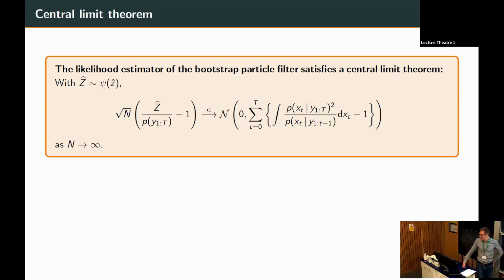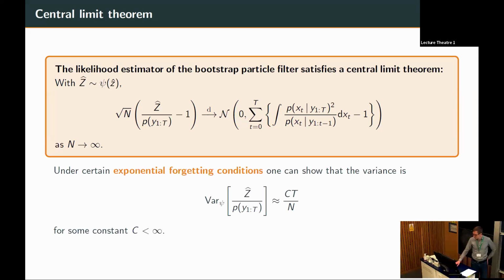One way of doing that is to look at the central limit theorem also for Z hat, which can be established. And it turns out that this likelihood estimator will converge to a normal distribution in this way.